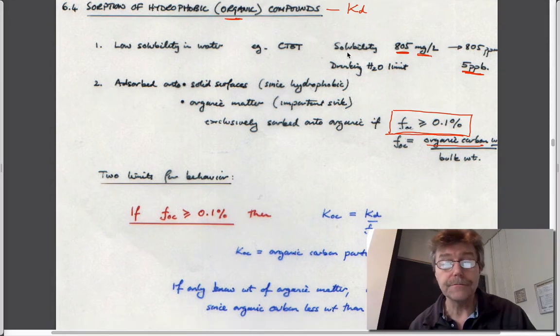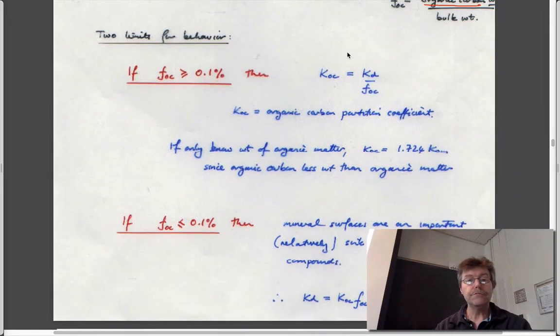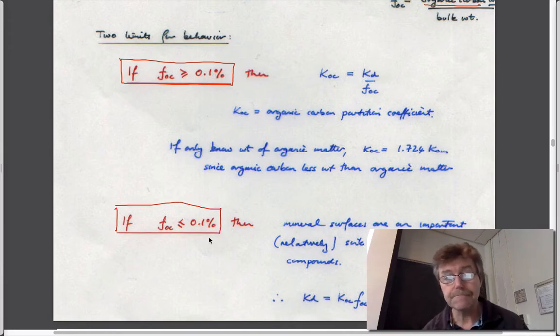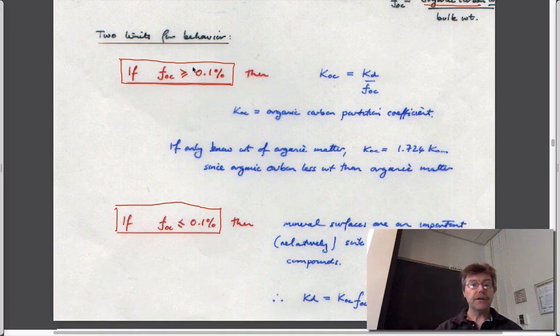And so we'll see what that is. And so there is a threshold where you can apply the techniques that we'll talk about today. One is when organic carbon is high enough, bigger than 0.1%, and we can't do it when it's too small. And we'll discuss why that is. This is by weight percent.